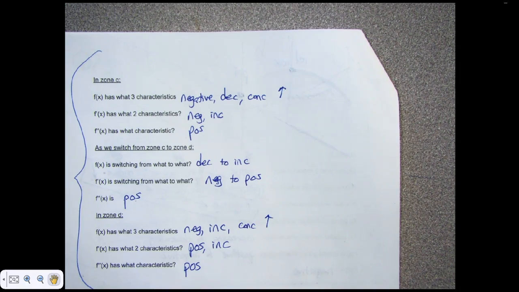In that spot, we know f of x is negative. We know f of x is decreasing because we can see it. So we know f of x is kind of getting up.